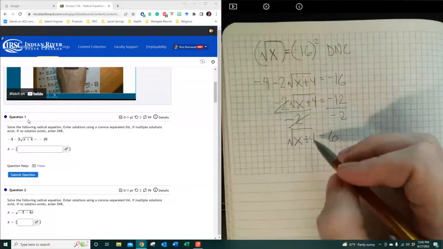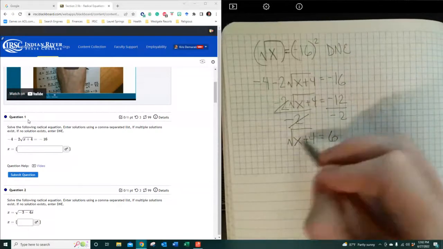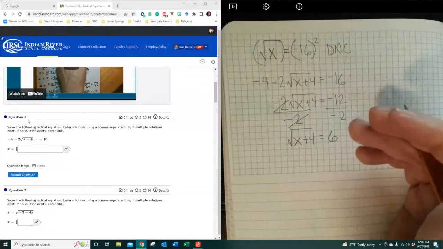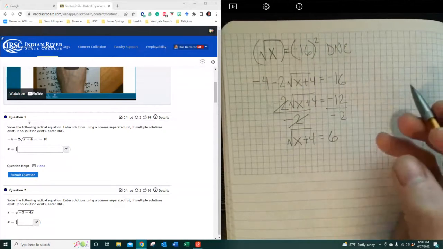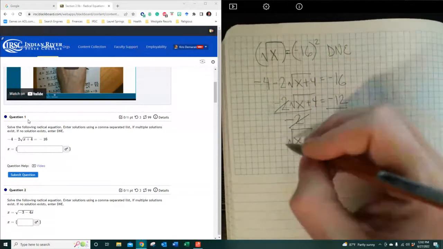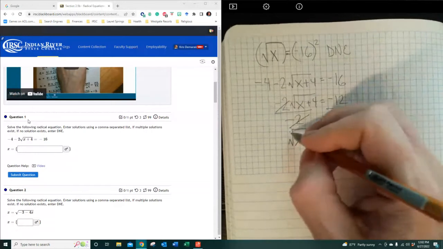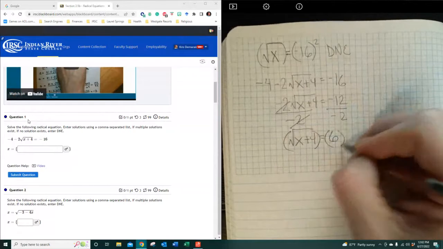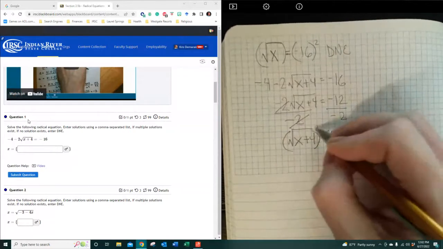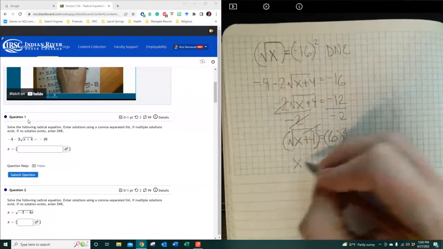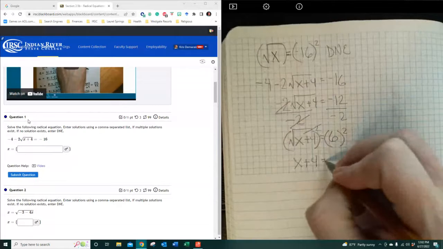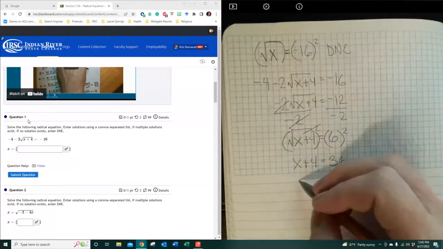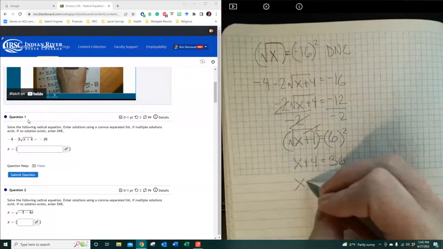Now, we can take the square root of a number and get 6. As a matter of fact, it would be 36. The square root of 36 is 6. But we're going to go ahead and square both sides. That'll knock out the radical and leaves us with this. Then we subtract 4 from both sides.